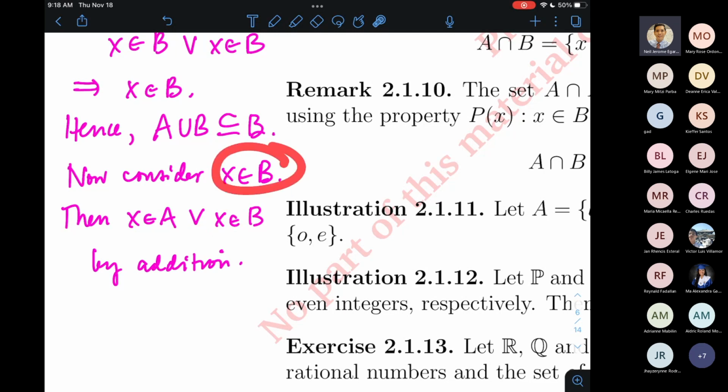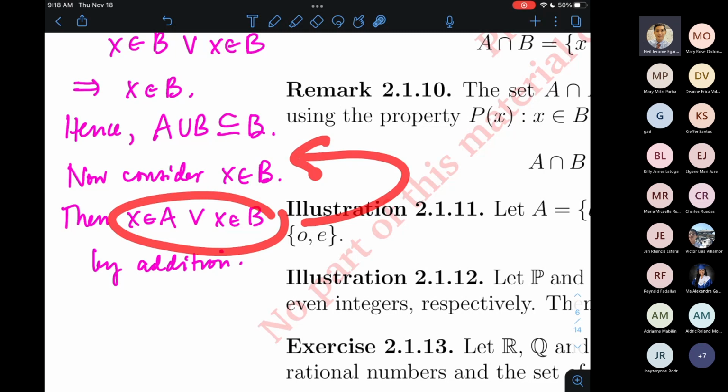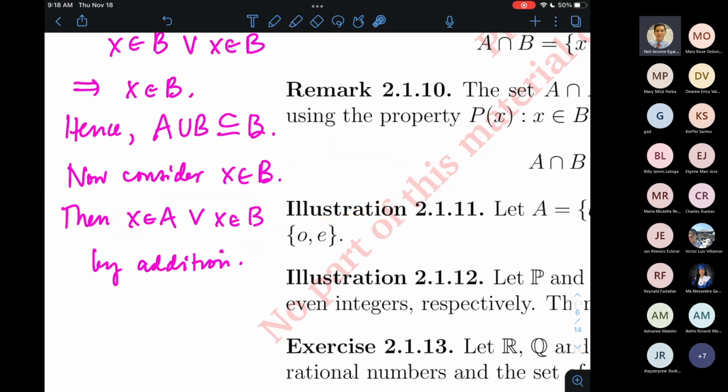So pwede ako magdagdag sa kanya ng kahit na ano with a connective or, because basically that's the rule of addition. Okay? But the rule of addition is a rule of inference. So ibig sabihin, one way lang din ito. Mula dito, i-imply niya ito. But from here, we cannot jump papunta kay X element of B without any other condition. Okay? Kaya nakita nyo dito, kinailangan ko talagang hatian yung proof sa dalawang parte.